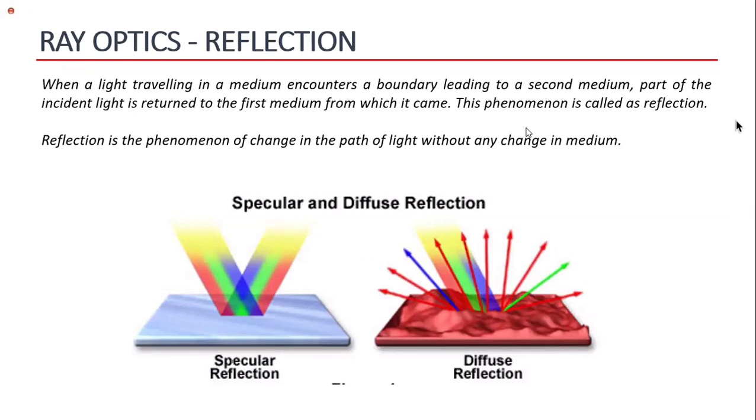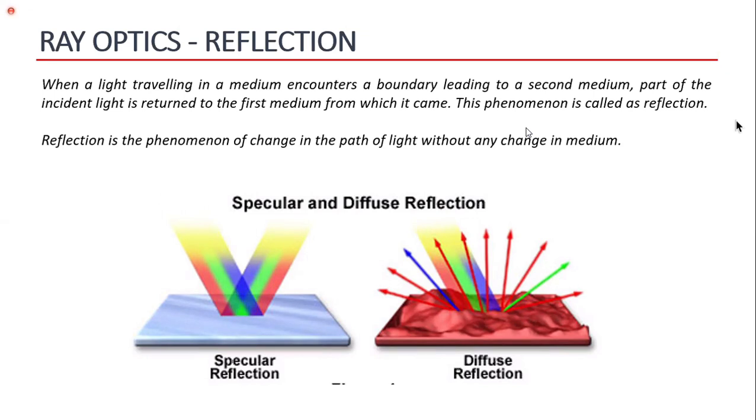Whenever light is falling on a smooth surface, it gets reflected back, and at that time your angle of incidence is equal to angle of reflection. This is called specular reflection or regular reflection. But if your surface is not smooth, it is irregular, then your angle of incidence is not equal to angle of reflection. This is called diffuse reflection or irregular reflection.